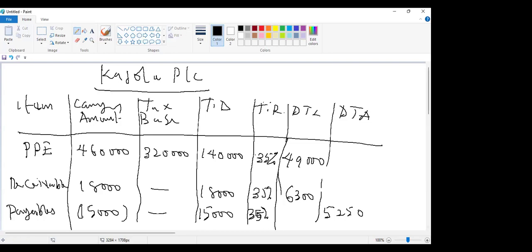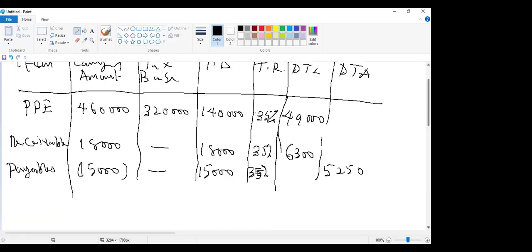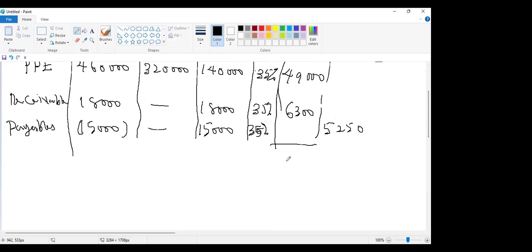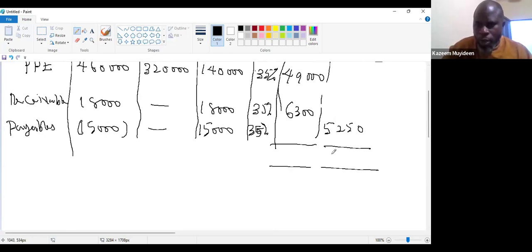No other one, so I can get my deferred tax. Also, let me sum it. For the asset, I have 5,250.